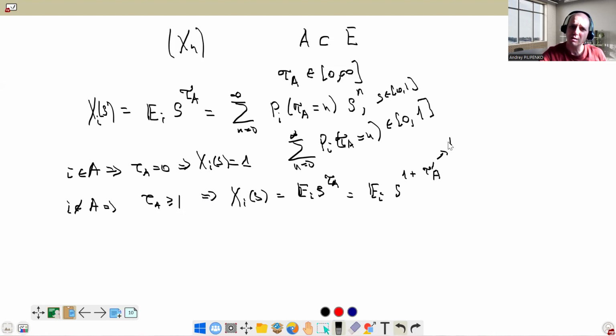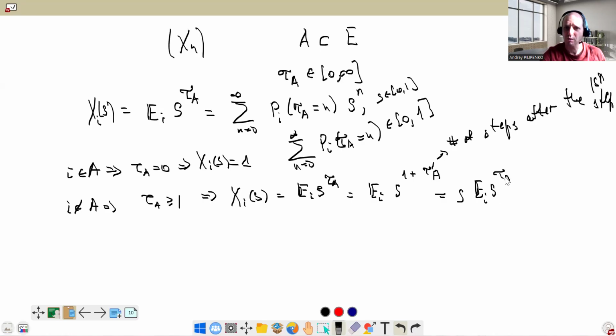And this is the number of steps before entrance to A after the first step. So this expectation is equal to s times this expectation. We make the first step, and if you jump into j with probability Pij, then you start from the very beginning from j, and then you wait until you reach A. So the formula is this.